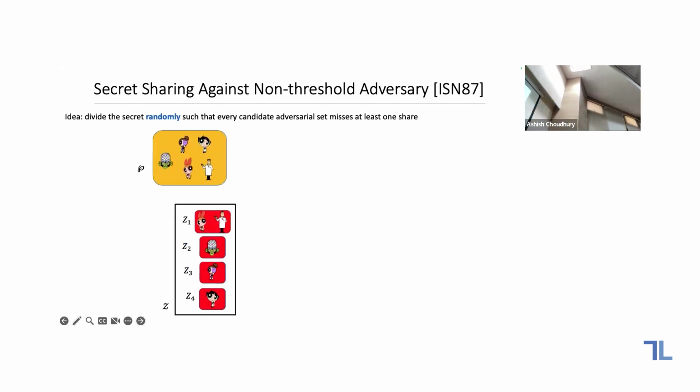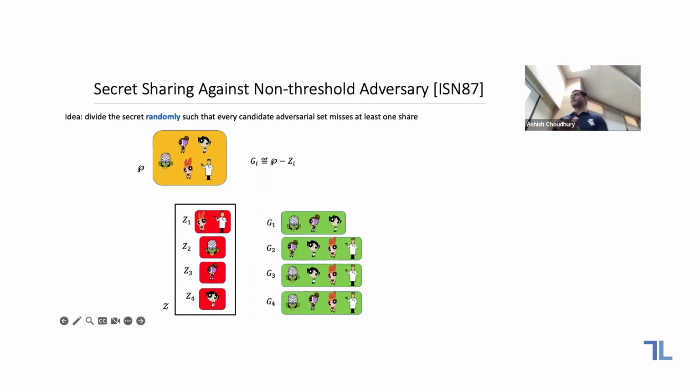You have the set of parties and the adversary structure. These are the red subsets here. You do not want any of these individual subsets to be able to reconstruct the secret. Now we focus on the complementary sets, the green sets. G_i here is the set complement of C_i, the i-th candidate bad set.